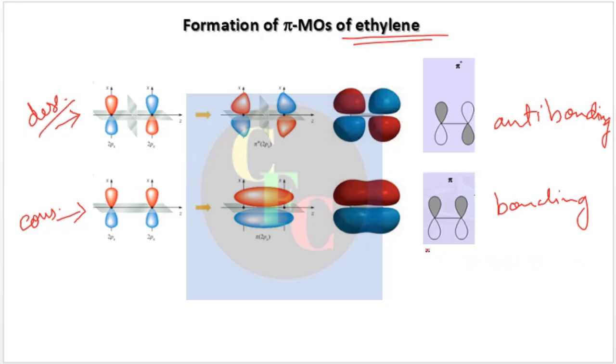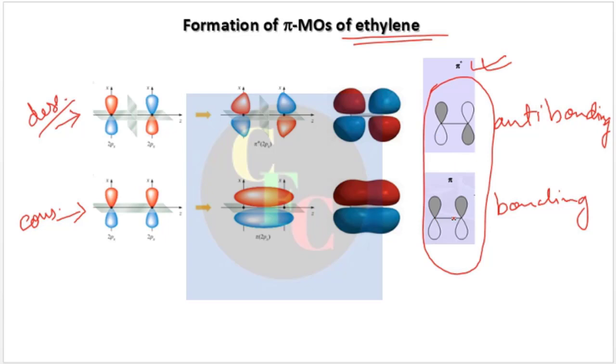Now, on pen and paper for our daily use, it is very difficult to draw this kind of diagram. Rather, we prefer to draw this kind of diagram. In your examination also, when you are asked to draw molecular orbitals, you should prefer this kind of diagram, which is easy to use.